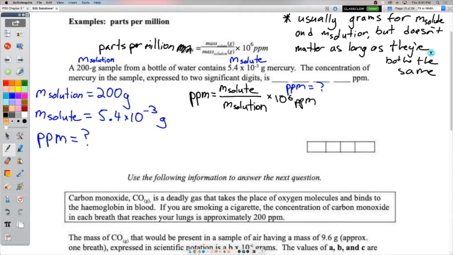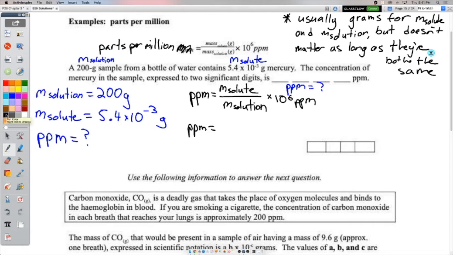So ppm is, in this case, a unit, parts per million, just like in our percent by volume, where percentage was the unit. It's saying in a million, there's this many. So we are looking for ppm. It's all by itself already, so no manipulation required.